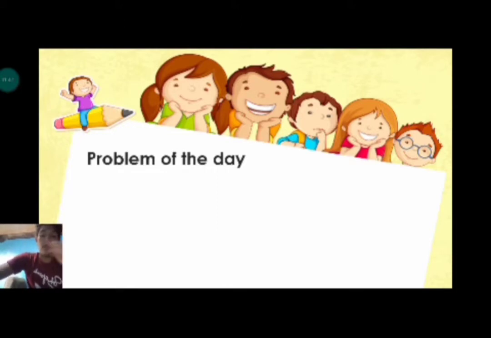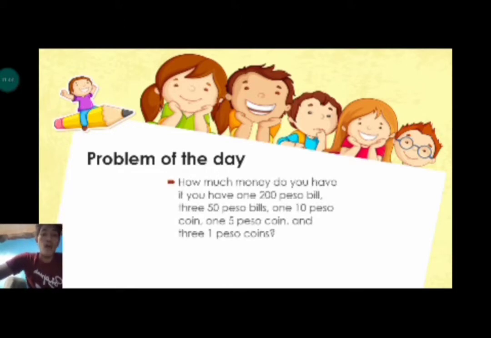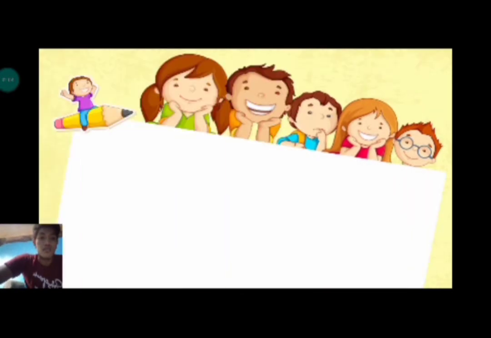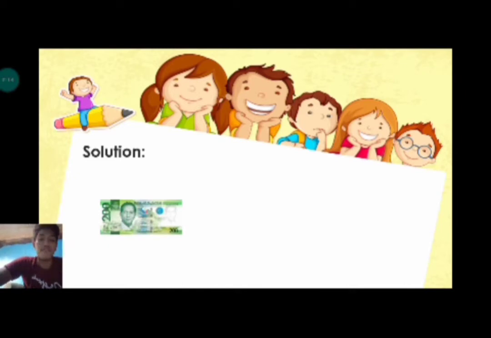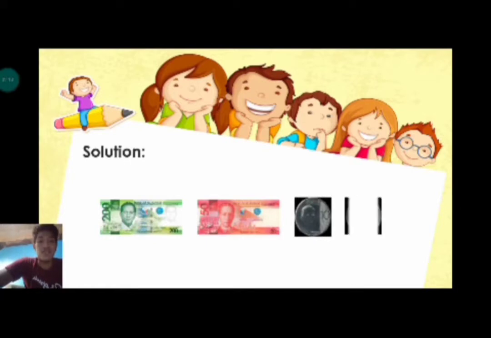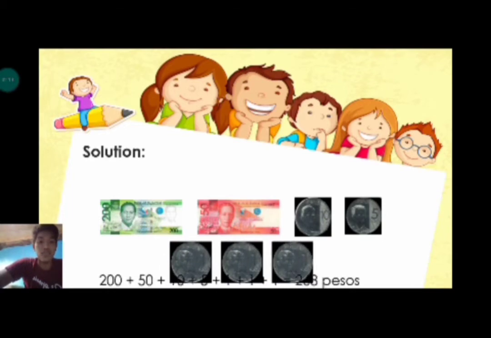So, we have our problem of the day. How much money do you have if you have 1 200 peso bill, 1 50 peso bill, 1 10 peso coin, 1 5 peso coin, and 3 1 peso coins?